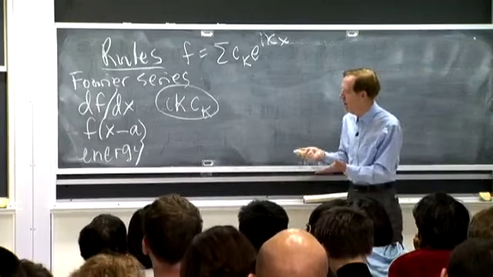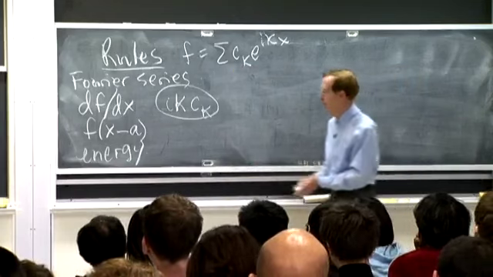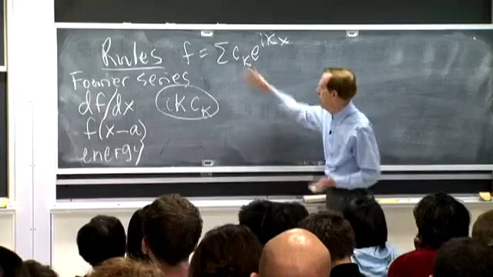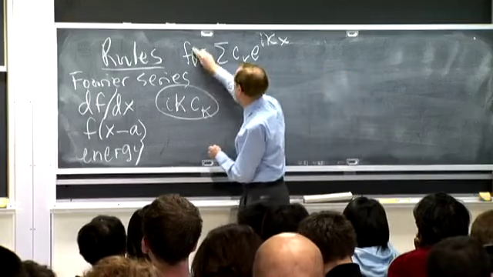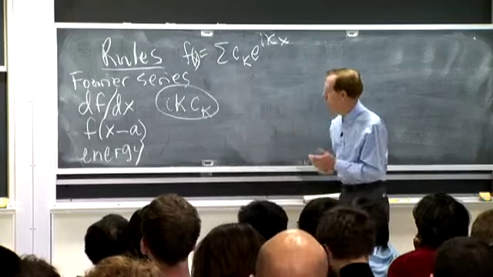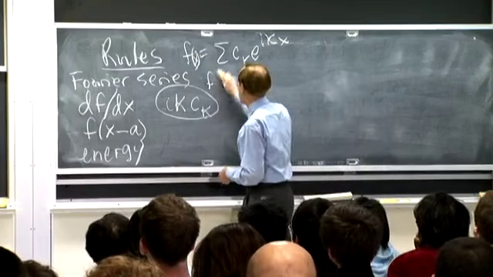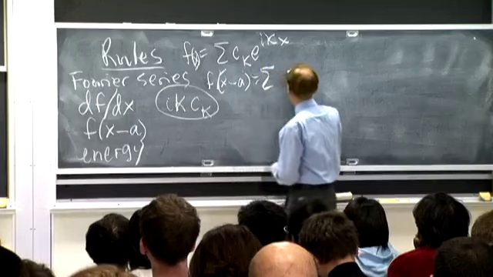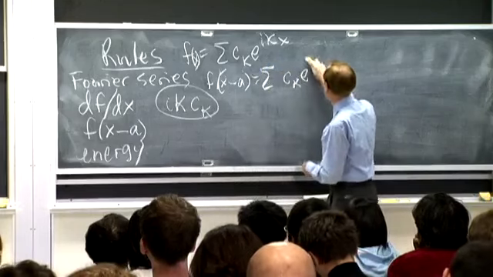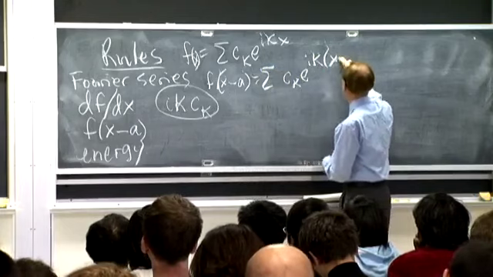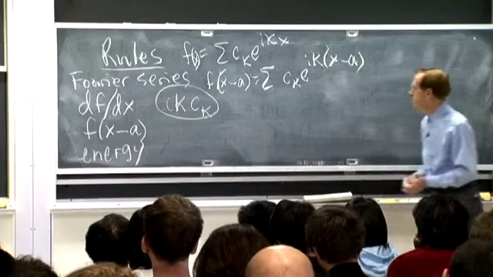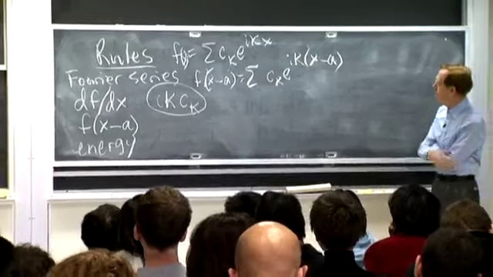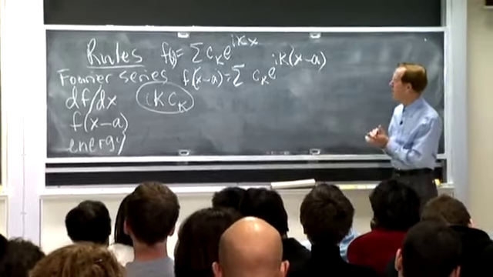Now, what are the Fourier coefficients of the shift? If I've just shifted, translated the function, my original was this. Now let me look at f of x minus a. It'll jump out at us. It'll be a sum of the same ck's times e to the ik(x minus a). So what are the Fourier coefficients of that? Well, there's the e to the ikx.